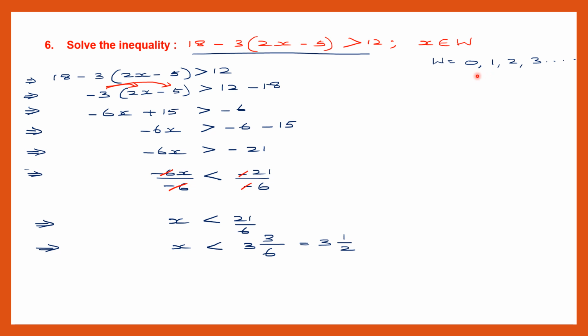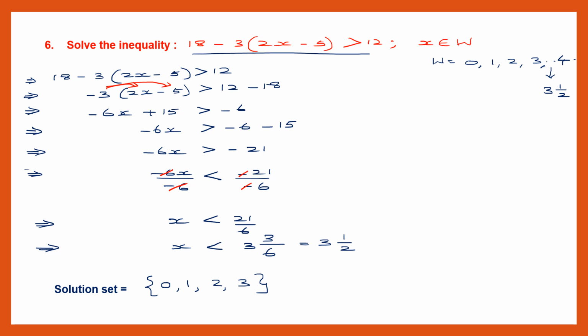So 0 is less than 3, 1 by 2, 1, 2, 3 also, because the next number is 4 and in between this you will find 3, 1 by 2. So if we have to write all the numbers less than 3, 1 by 2, we have to write all numbers including 3. So let's write our solution set. Our solution set will be 0, 1, 2 and 3. This is our solution set.